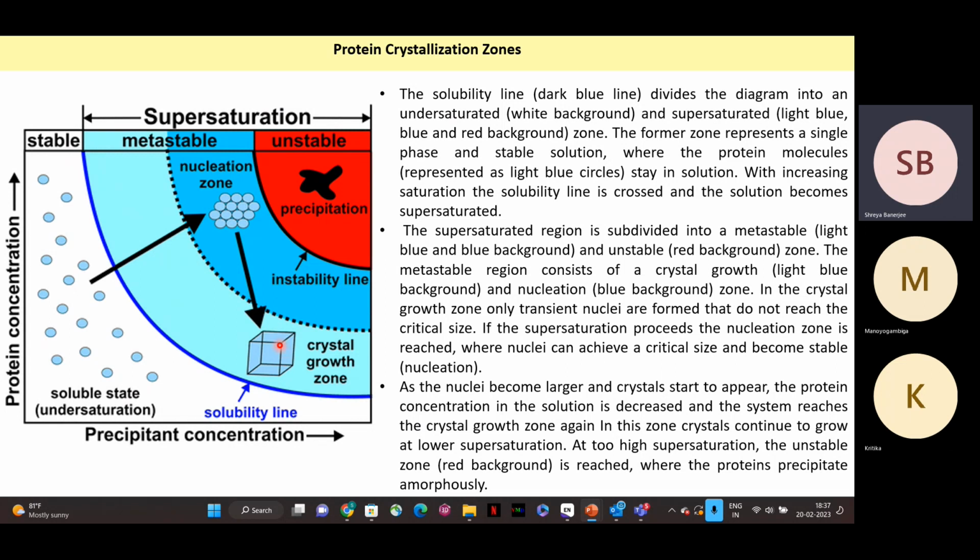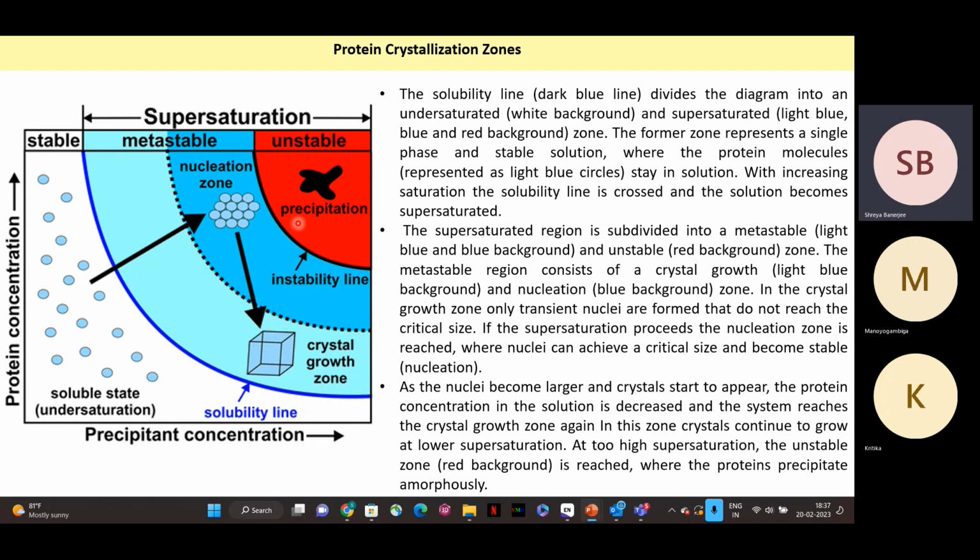So in the crystal growth zone, only transient nuclei form that do not reach the critical size. If the supersaturation proceeds, you eventually reach the nucleation zone, where the nuclei reach a critical size and eventually lead to the formation of large crystals.